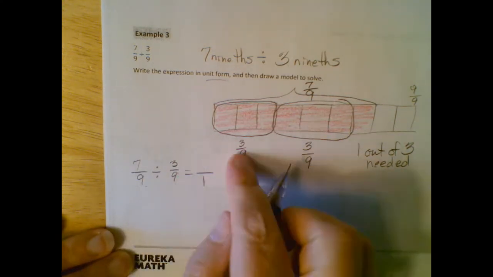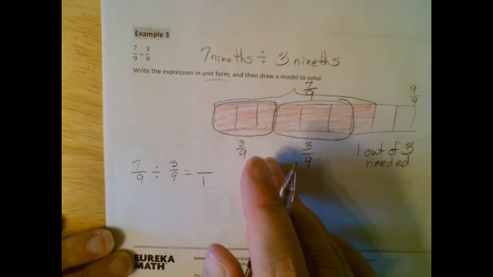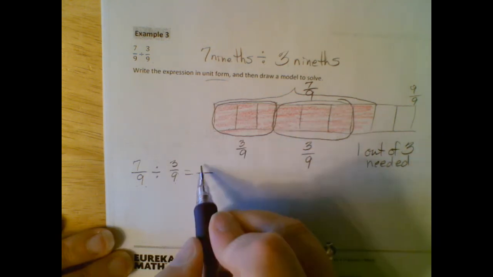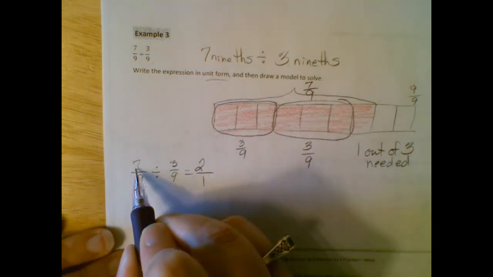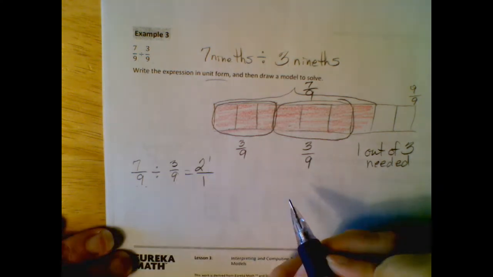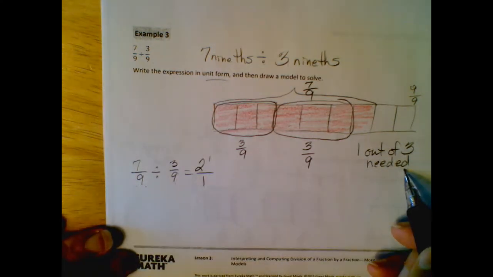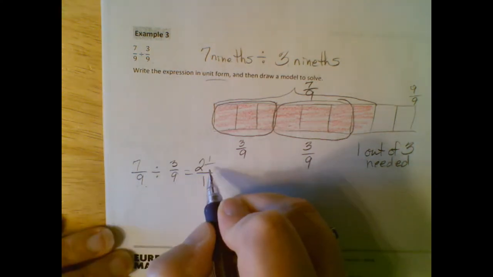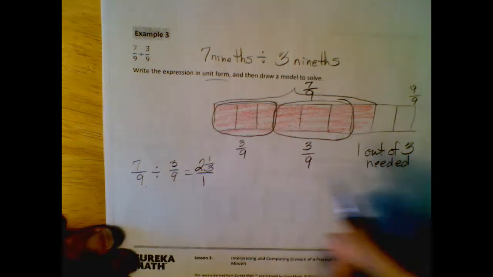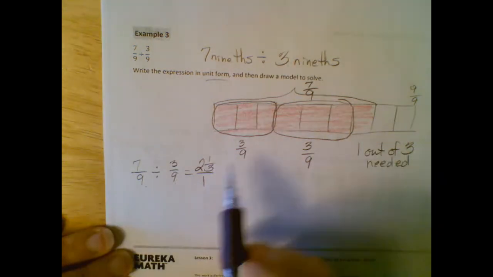Well, I know 3, 6, 9, that's too many. So 3, 6, that's 2 whole groups with 1 more. And we said over here 1 out of the 3 needed. So I have 1 more, but I need 3.